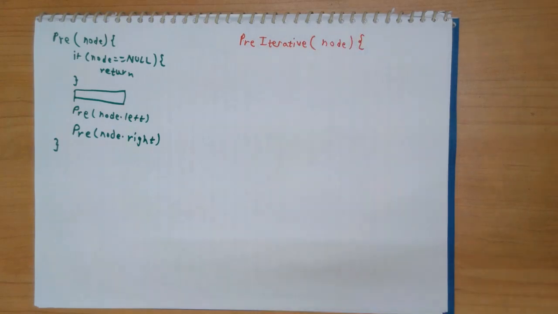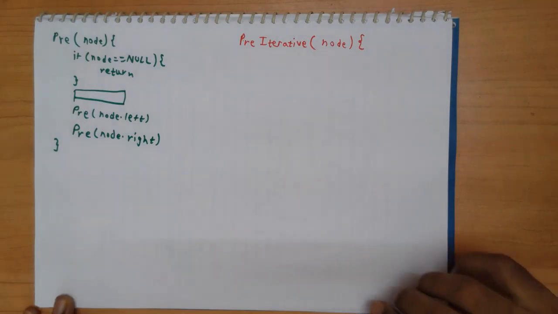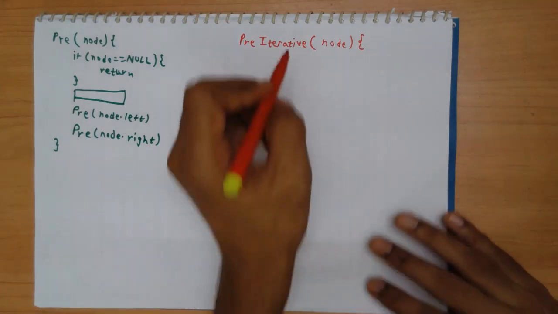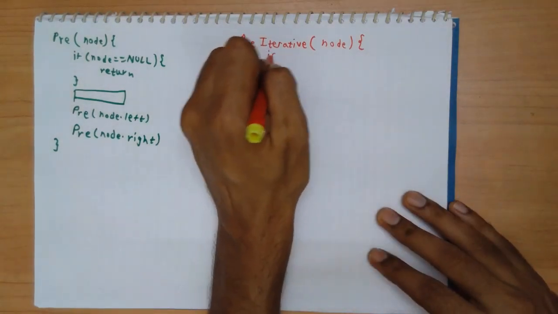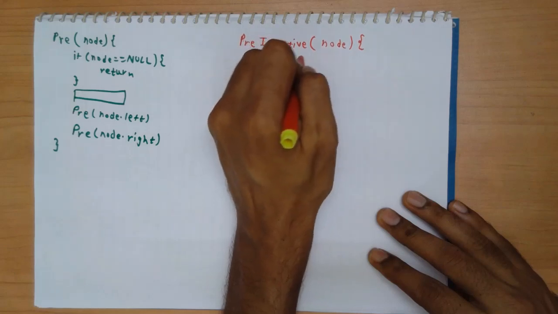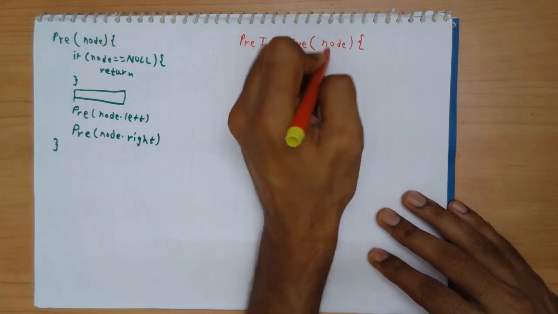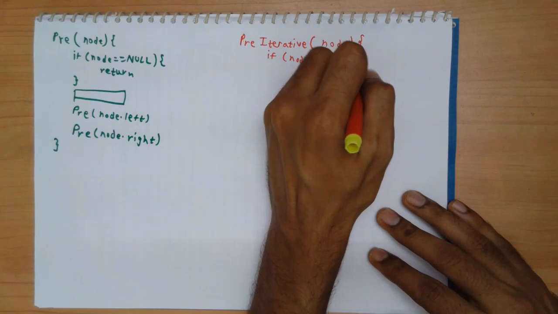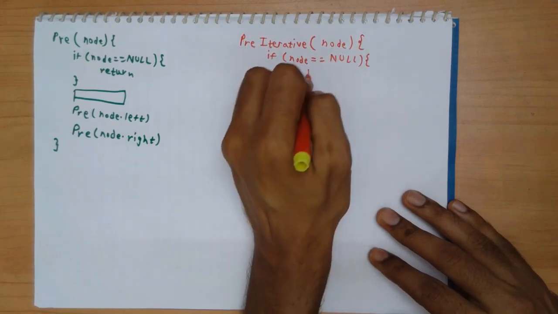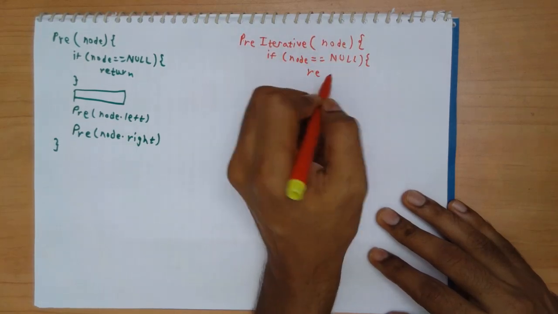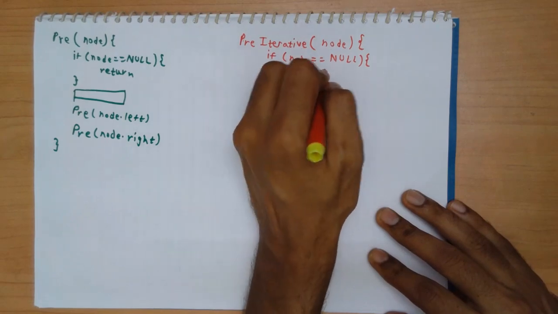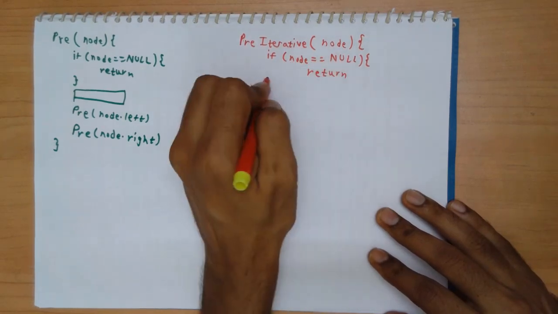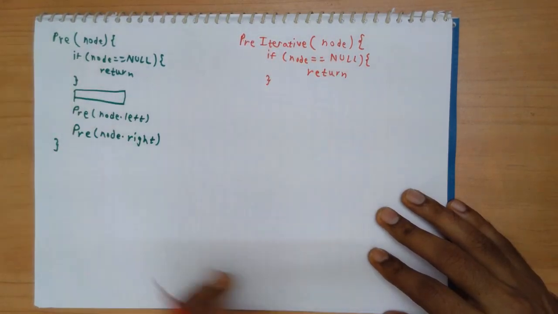And the first thing that I should do is check if the node is null. So if my node is equal to null, in that case I would simply return. It might be a tree with no node at all, so then there is nothing to do. This is identical to the logic here.